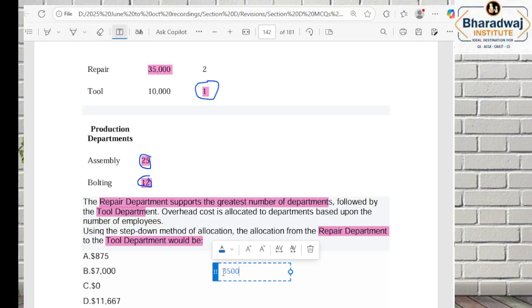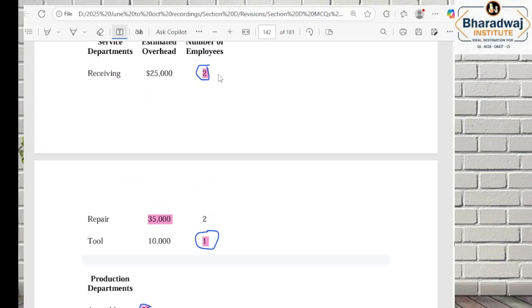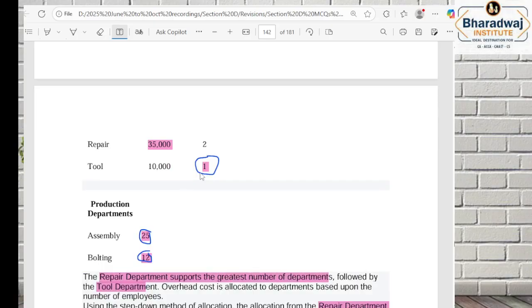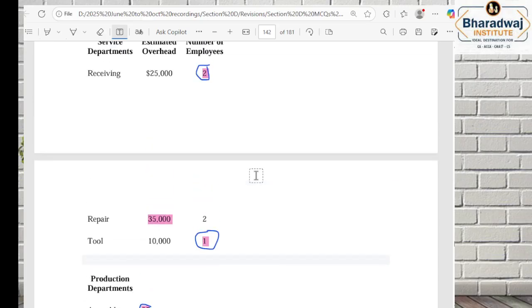Ignore this 2; this 1 will be considered, 25 plus 12, so 40 employees. 35,000 into 1 by 40, how much do you get? 875.